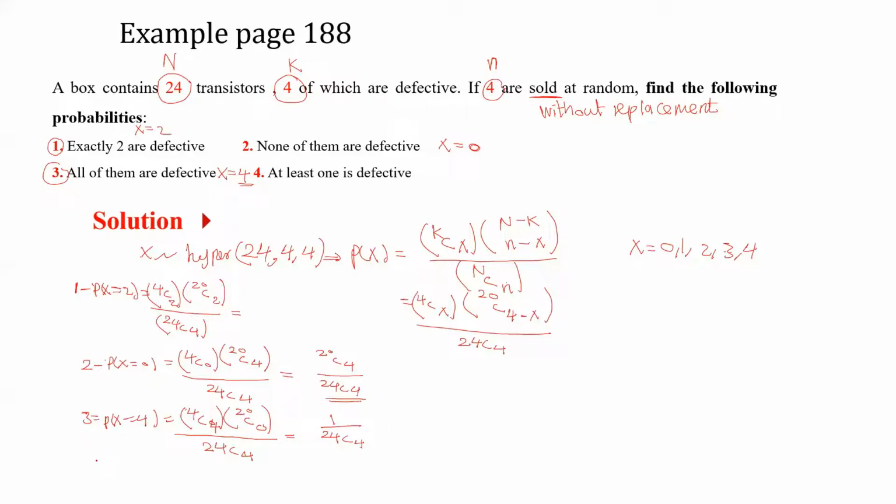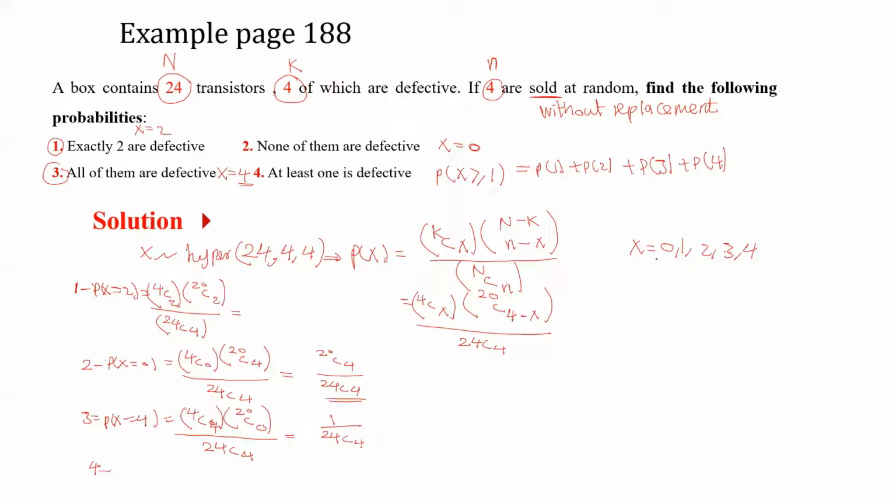Okay, let's see the last one. At least one of them. At least means P of X greater than or equal to 1, which is P of 1 plus P of 2 plus P of 3 plus P of 4.